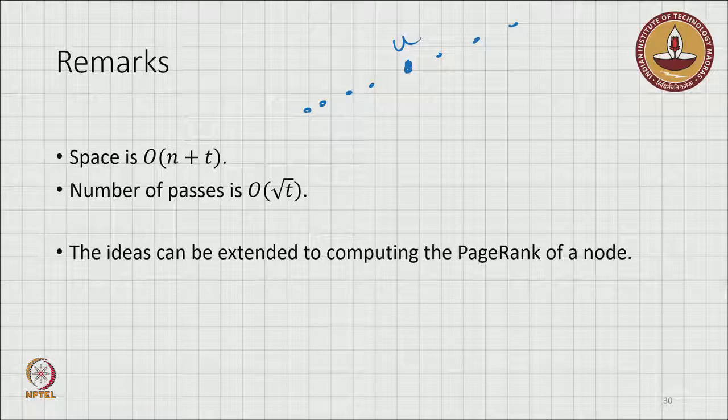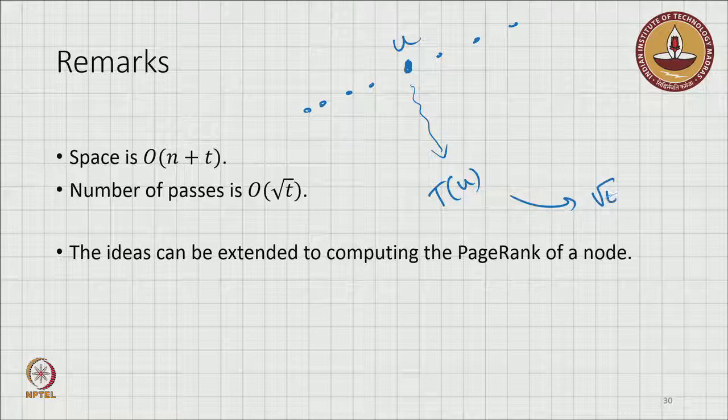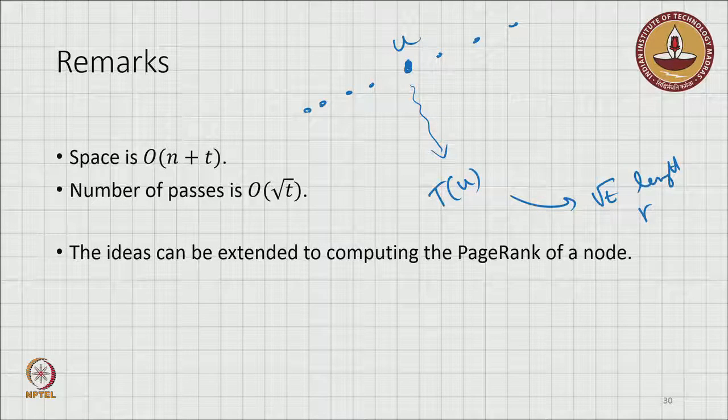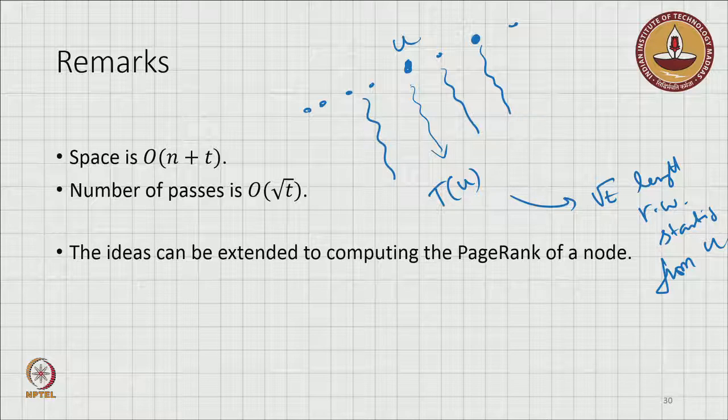From u, you get tu. This is basically a square root of t length random walk starting from u. Similarly, we would have done this for all the vertices.